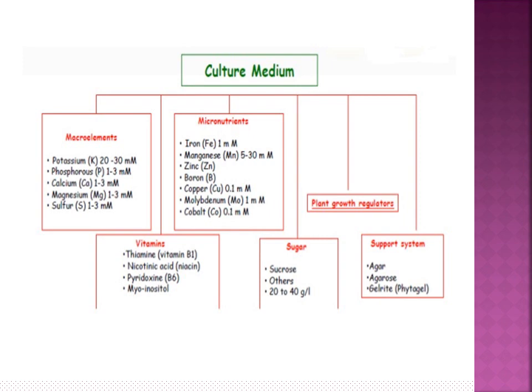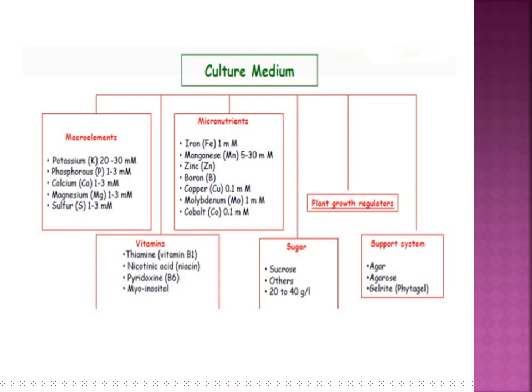In macro elements we need potassium, phosphorus, calcium, magnesium and sulfur. Whereas in micronutrients we have iron, manganese, zinc, boron, copper, molybdenum and cobalt. All these micronutrients are part of some enzymes, so it is very important that they are present for the active functioning of these enzymes.